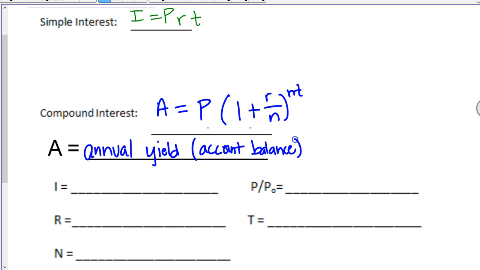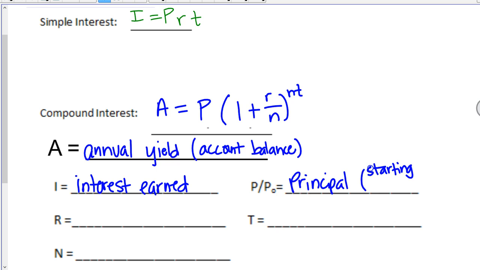I stands for interest earned. P is your principal, so this is always the starting amount of your account.